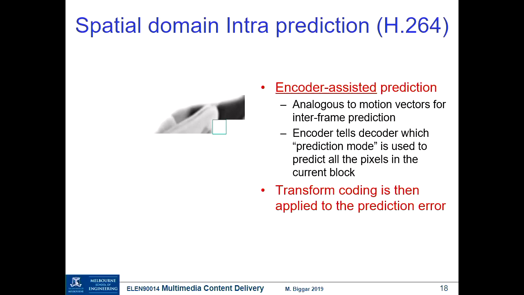We can't be certain of any value when we predict it, and we couldn't really guess at encoder and decoder what would be the contents of that block. But if we tell it that this particular kind of vertical structure from up here continues down here.